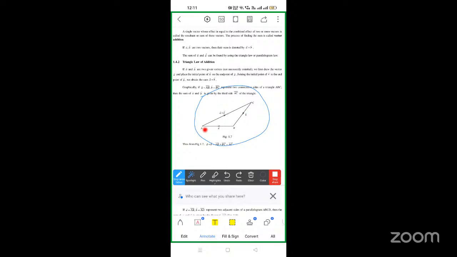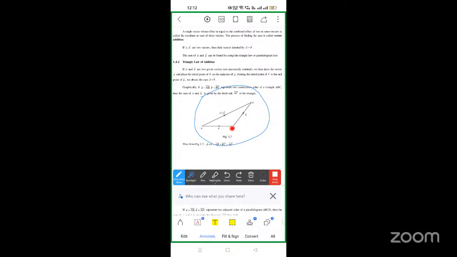This is called triangular law of addition.